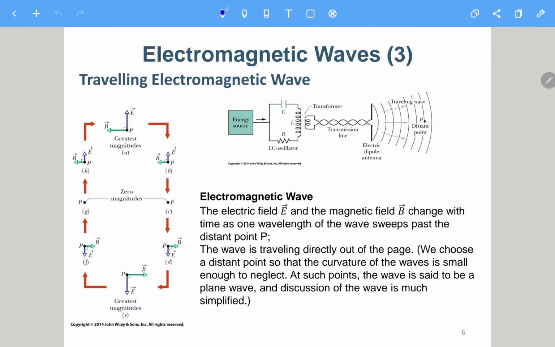Okay, so here we'll talk about the generation of EM wave. In the slides, it just tells you some observations and some equations or formulas to describe the EM wave, and it doesn't really tell you how we can derive all those formulas.